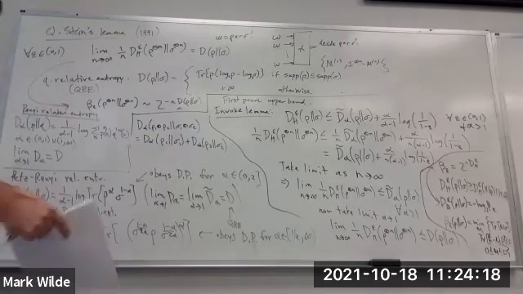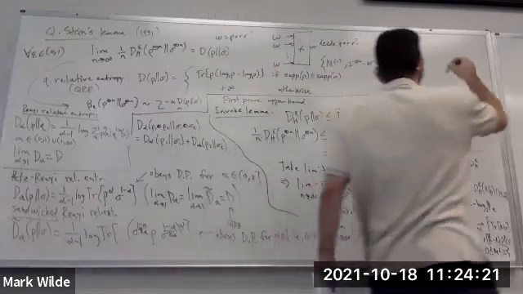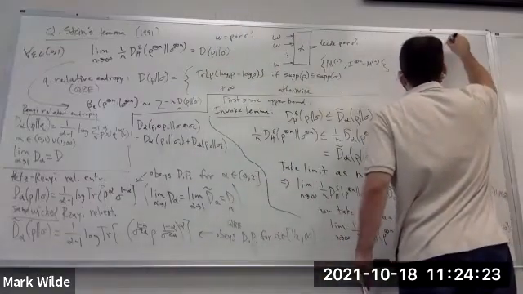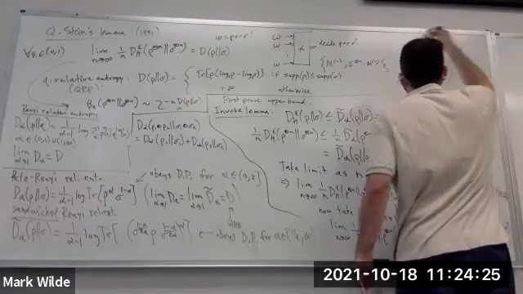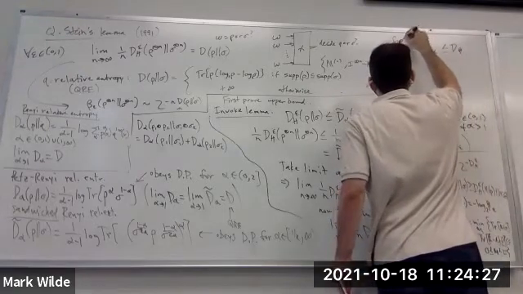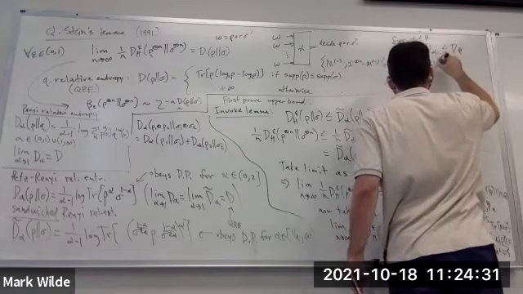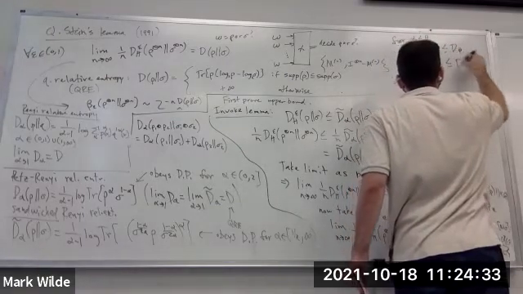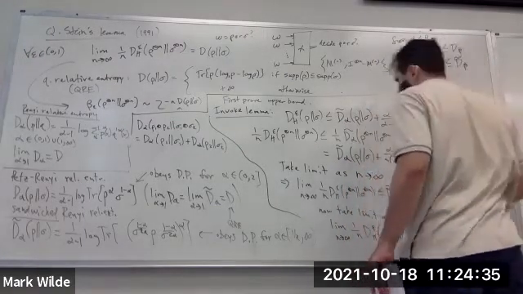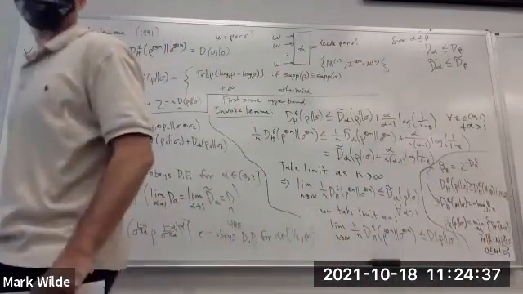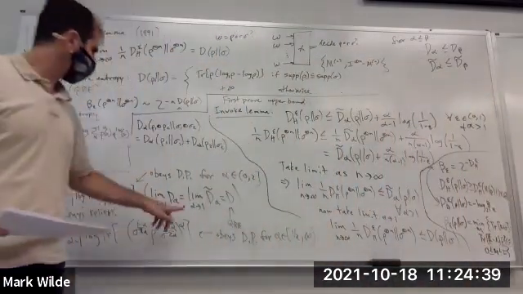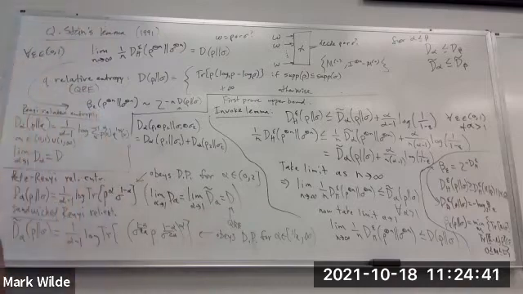The quantum Renyi relative entropies are ordered: alpha less than beta, we have this and we have this. I don't know if that's strictly needed for this proof. All that's needed is this claim.